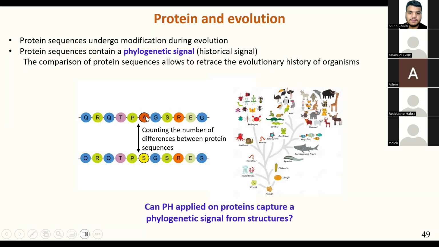For example, here we have one difference, an A that became an S. It means that those sequences are similar, with only one difference, so they are really close in evolution.